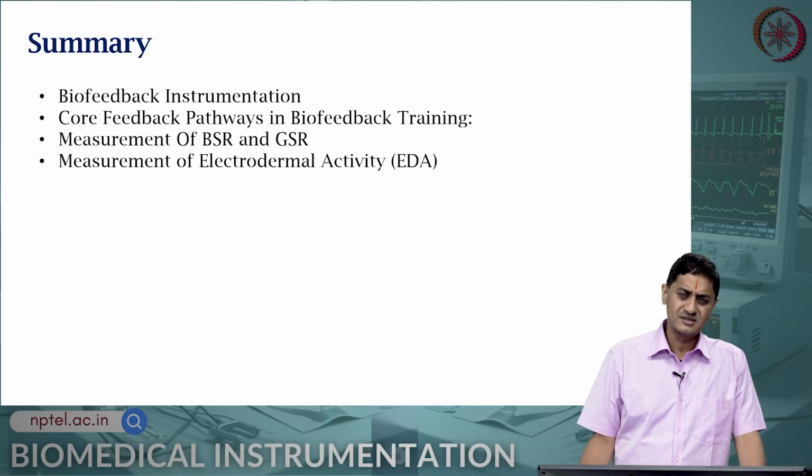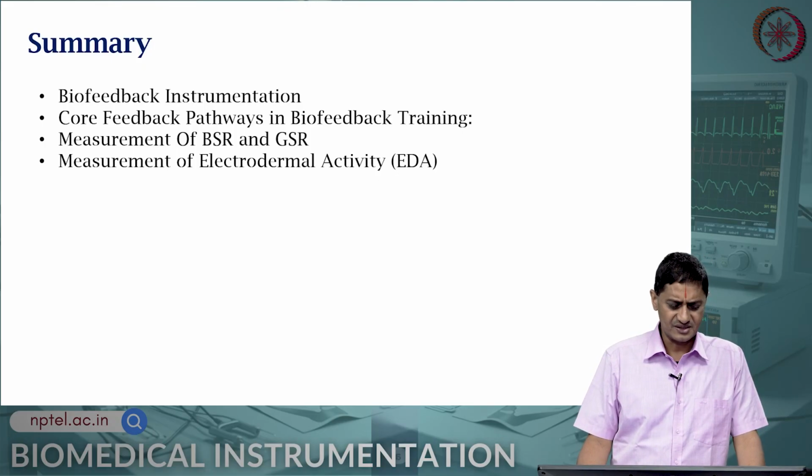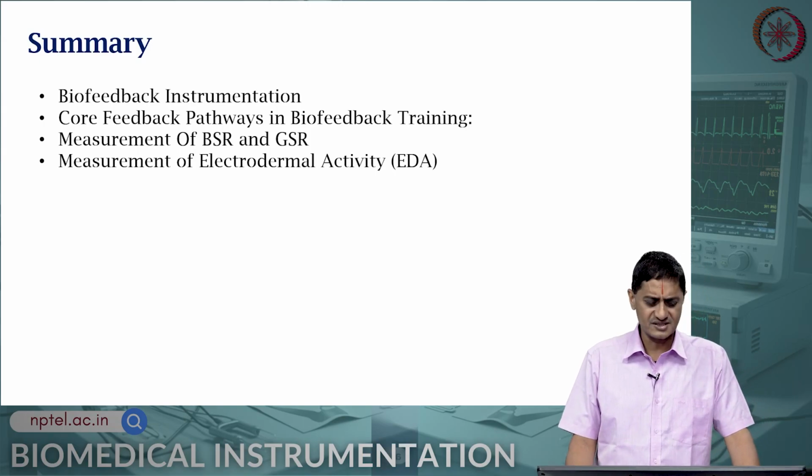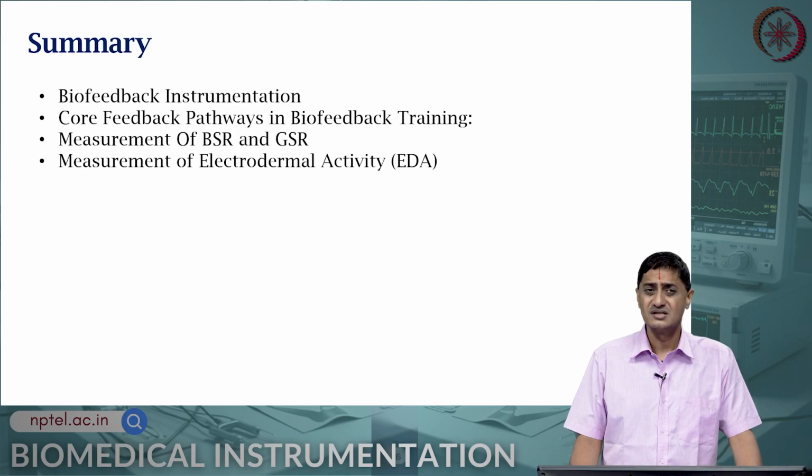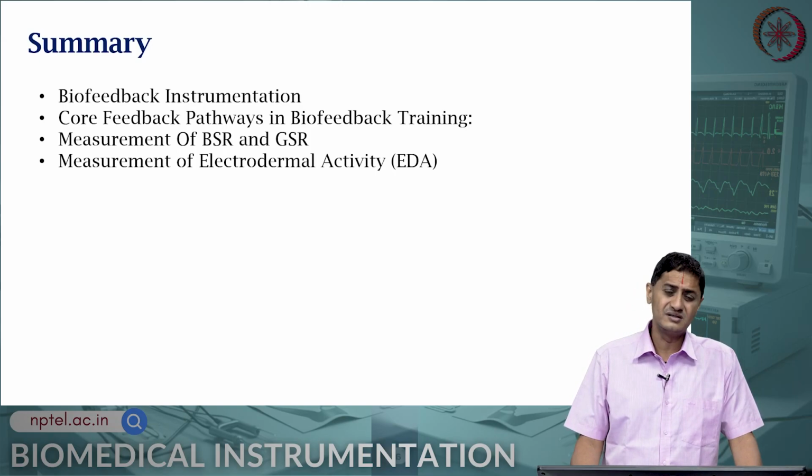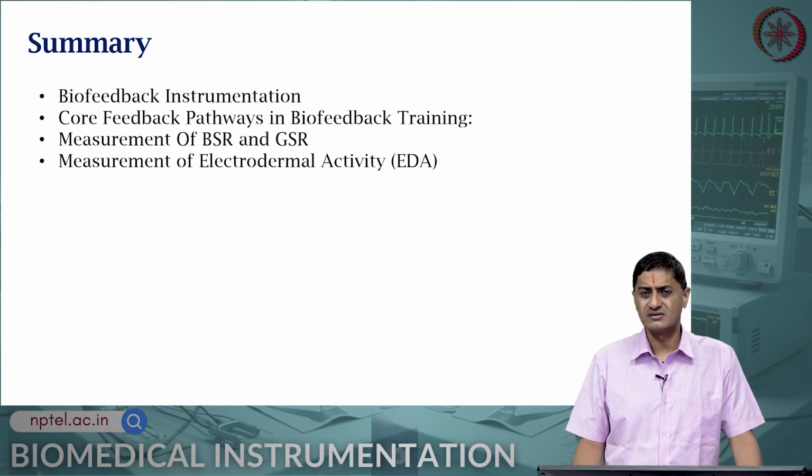Okay. So, with this we come to the end of this video. In this video, we looked at biofeedback instrumentation, various feedback pathways, EMG, basal skin resistance, galvanic skin response and electrodermal activity, and why measurement of sweat activity is perhaps a good indication of the stress level of the system.